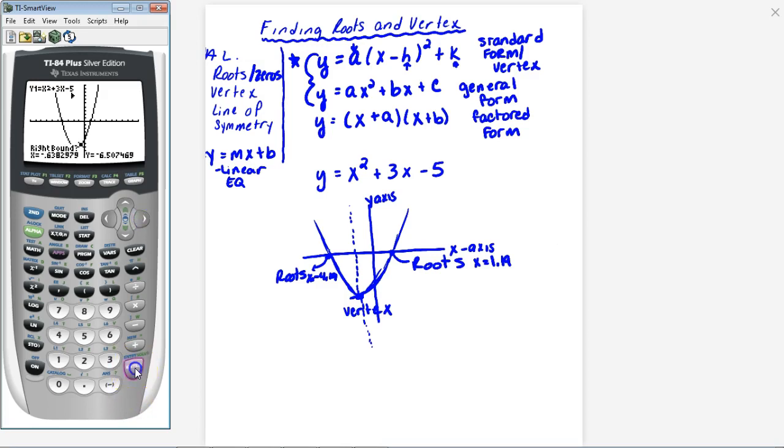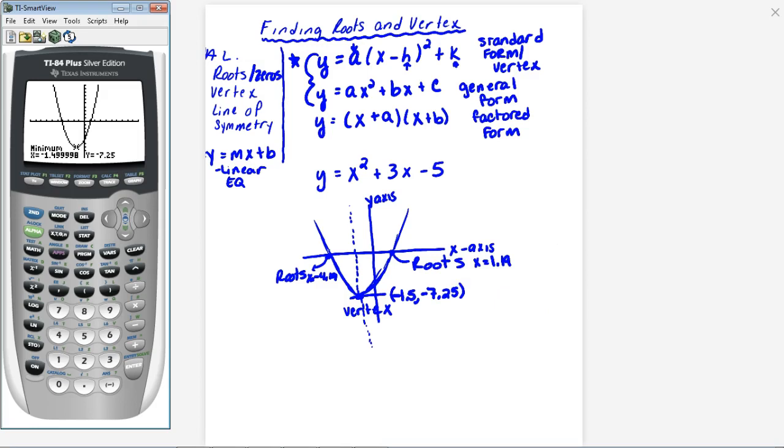I'm going to hit enter. Do I want to guess? Yes. And it looks like I'm going to round it to x is negative 1.5 and y is negative 7.25. So at that point, x is negative 1.5 and y is negative 7.25.